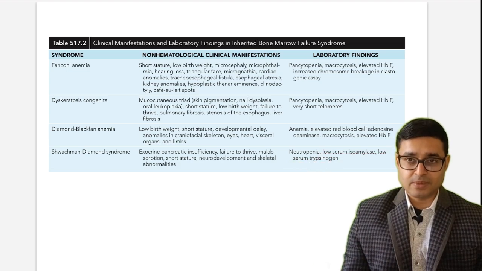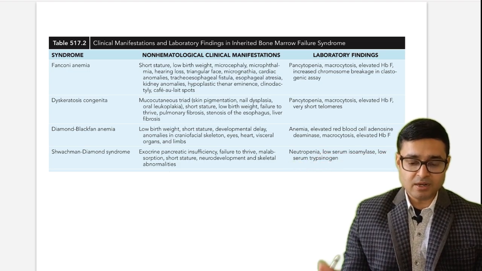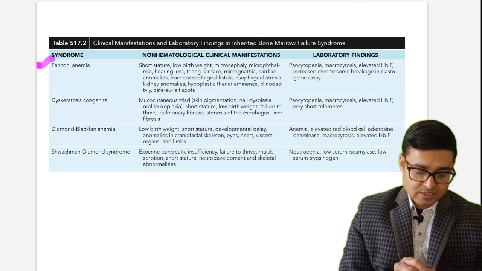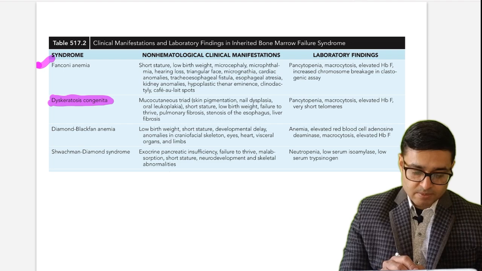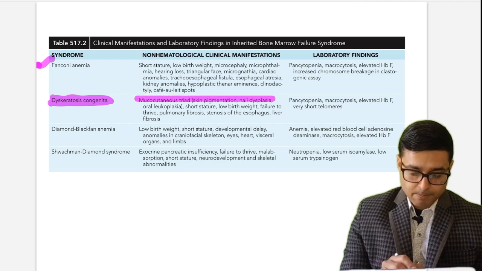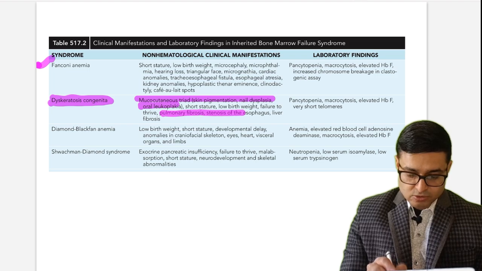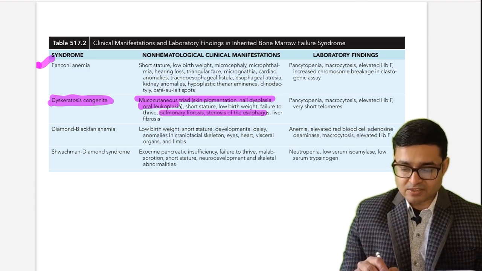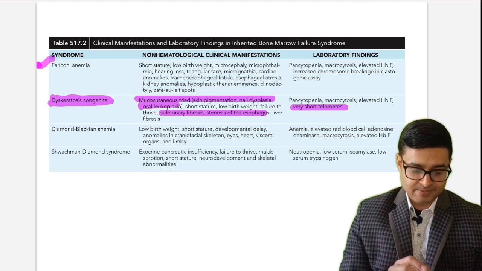So in this busy slide, what will we remember? We have discussed Fanconi anemia, which is important. In dyskeratosis congenita, we have to remember the triad, which is important. Pulmonary fibrosis and stenosis of the esophagus are important, and the laboratory finding of very short telomeres.